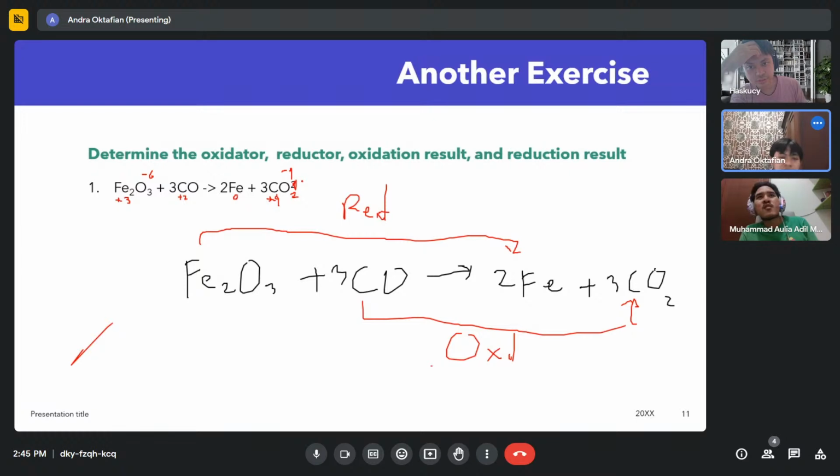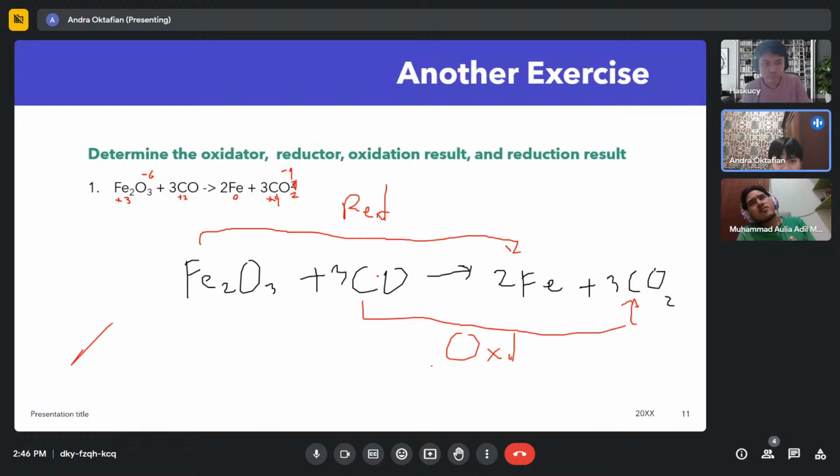I figured out that if you want to call something an oxidator, it is basically the thing that experiences reduction. Is it true? Yeah, because it's the opposite. The thing that experiences reduction will be the oxidator, as it makes the other components be oxidized.